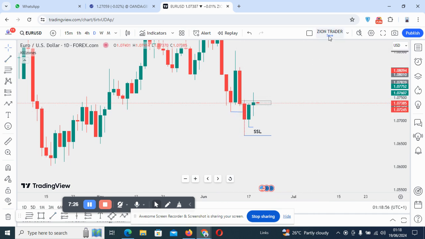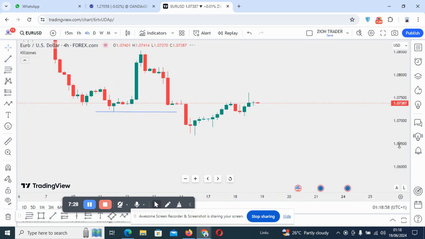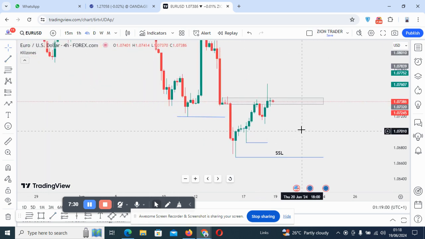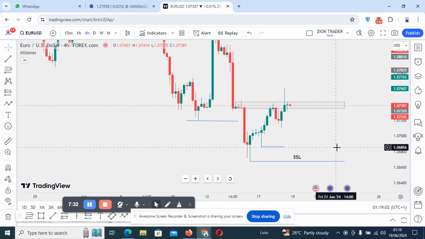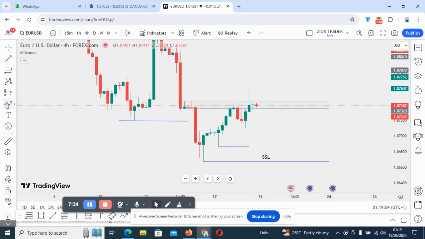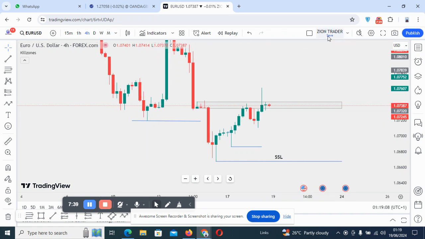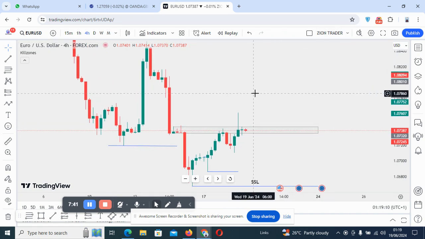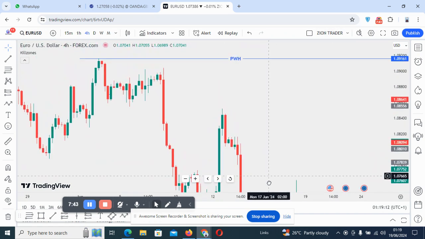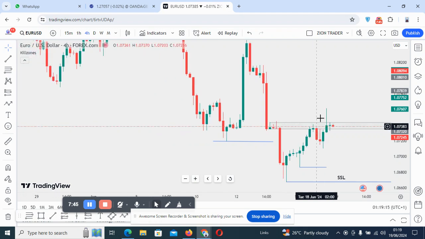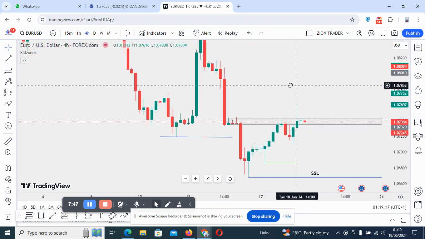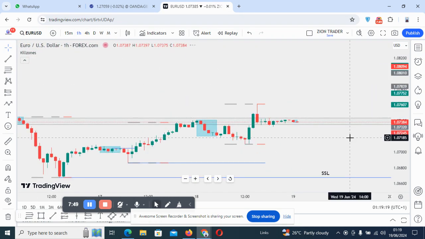So most likely this sell should continue any moment from now, but as to when it will continue, I don't know. I just love to follow the trend. So whatever is happening now, that's what I love to follow, but having it at the back of our mind that overall EURUSD is bearish.